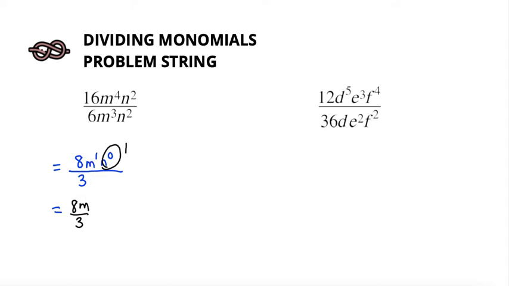All right, let's take a look at one final example. 12 over 36. So these are my coefficients. I'm going to look at that first. Okay, so I can either think about these are both even numbers, so I can divide them by 2, or if I am confident with my factors and my divisions or my multiplication tables, I know that both of these numbers are divisible by 12. So 12 divided by 12 is 1, and 36 divided by 12 is 3.